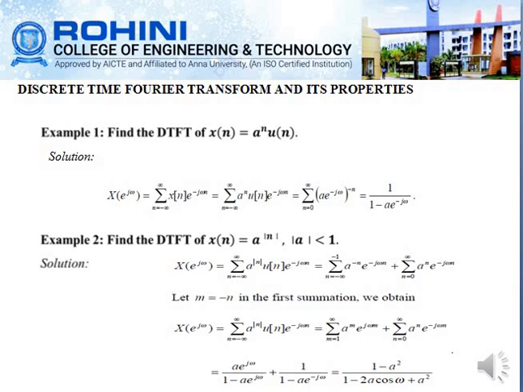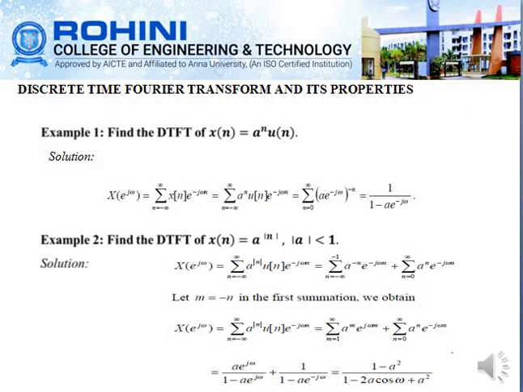Here n is common for a^n and e^(-jω). And u(n) means x(n) exists only for n equal to 0 to infinity. So change the summation limit from 0 to infinity of (a e^(-jω))^n, that is equal to 1 divided by 1 minus a e^(-jω).